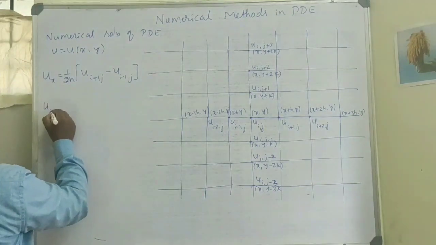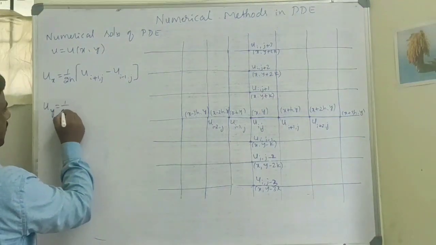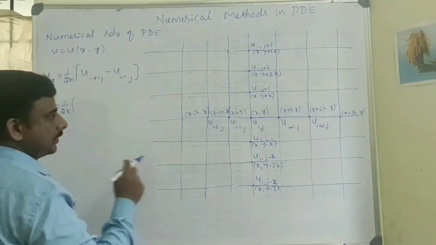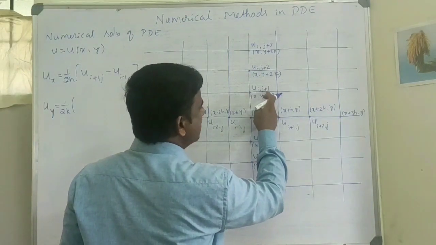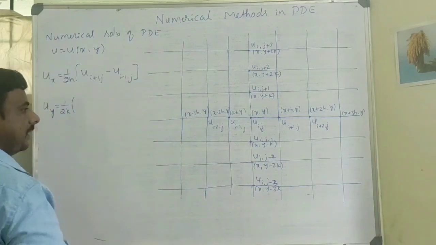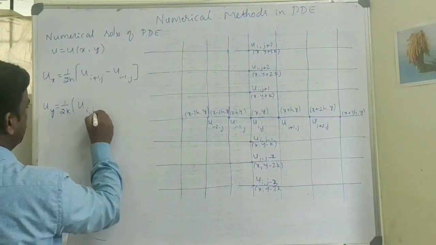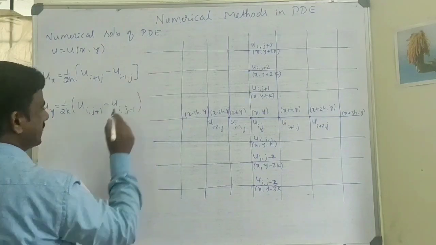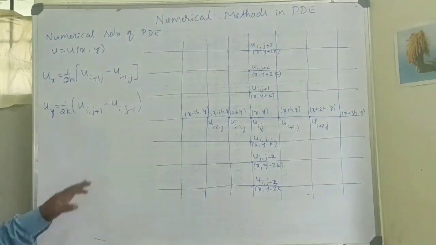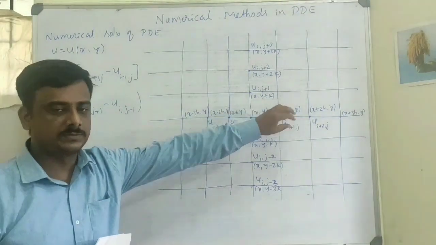Similarly, the first order partial derivative with respect to y will be 1 by 2k times u of i comma j plus 1 minus u of i comma j minus 1. These are the approximations of first order partial derivatives with these points.